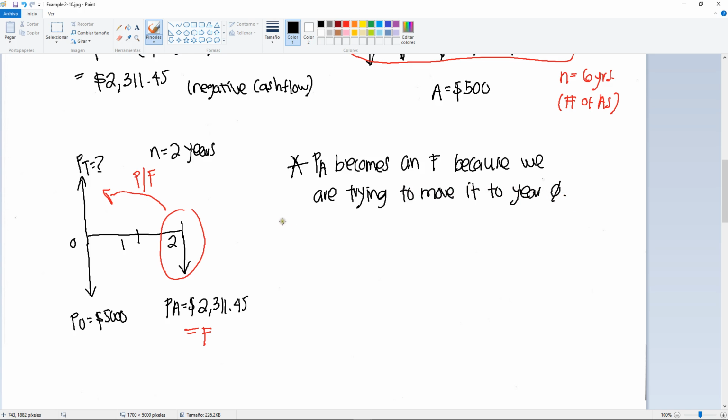So how do we move it? If we move it here, we're going to get another P for this one.